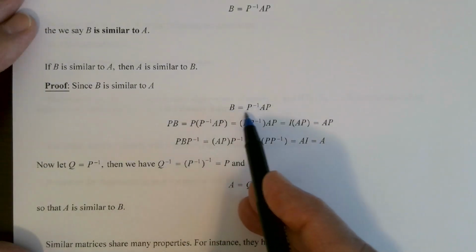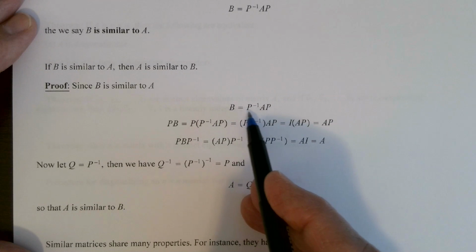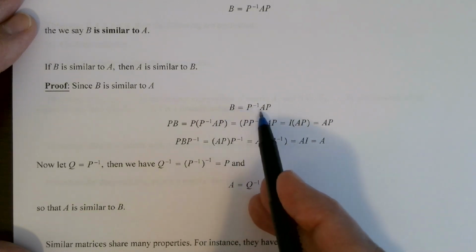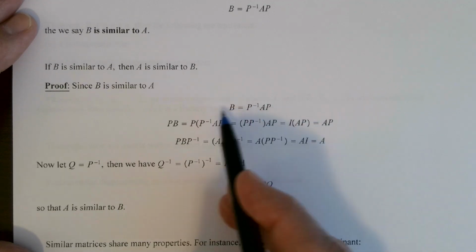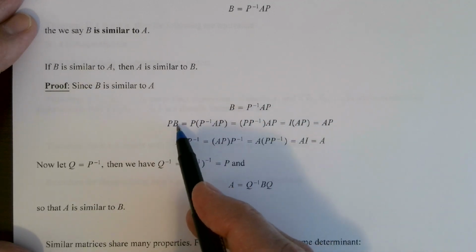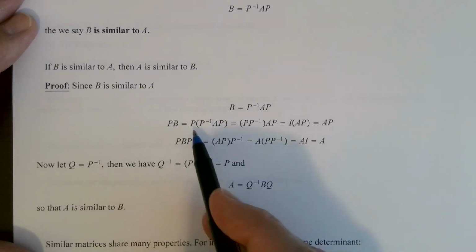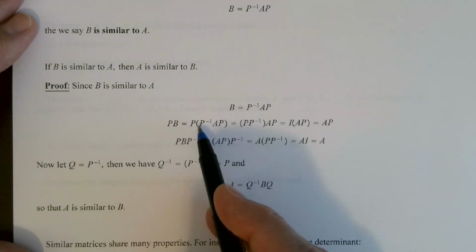If we start with this, that B is similar to A right here, what I'm going to do is multiply both sides of this equation by the matrix P on the left. So PB, reminds me of peanut butter and jelly. Sounds good. PB equals what? P times this stuff. Now this stuff I'll regroup, right?